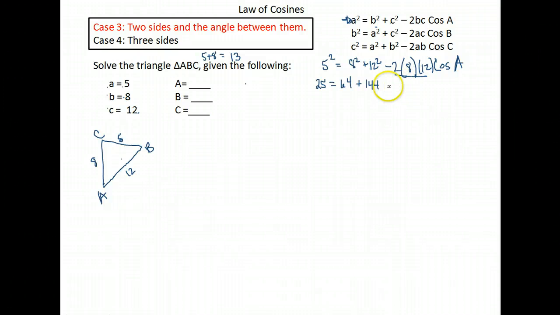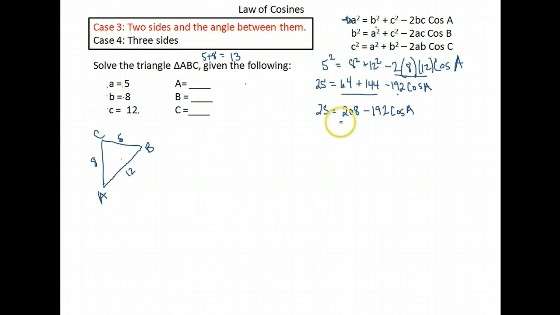And that's minus 192, and again, cosine A. We're going to combine like terms here. So 64 plus 144, I can't combine it with this 192 because it's got a cosine attached. We'll have to deal with that differently. But we can combine these two, and it gives us 208 minus 192 cosine A.